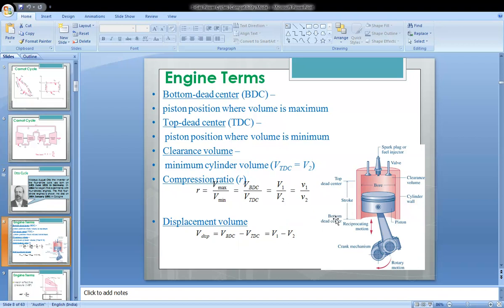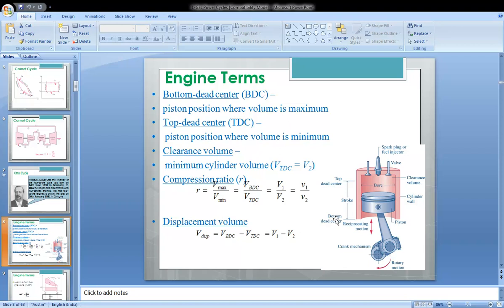Before discussing these basic operations, we try to get some clear information about some new terminology in the piston and cylinder arrangements.